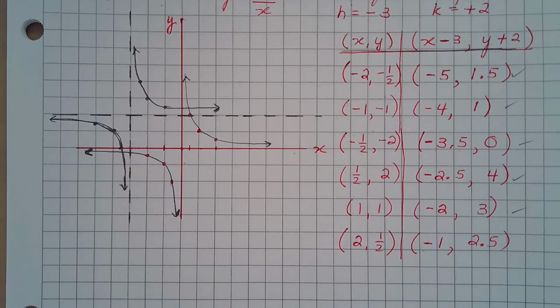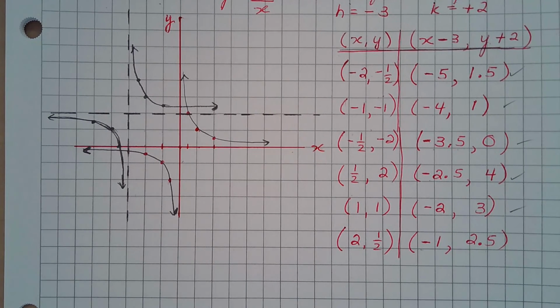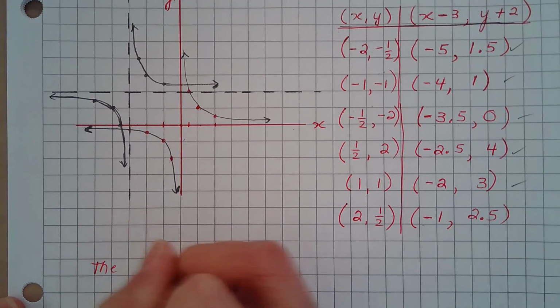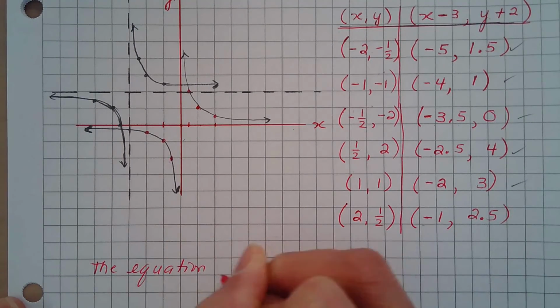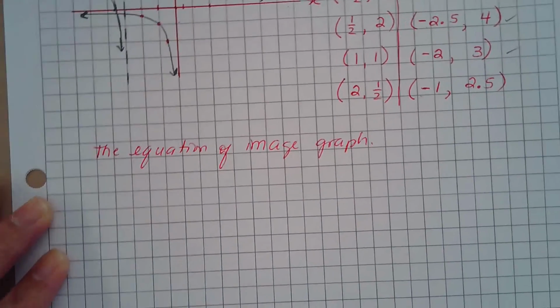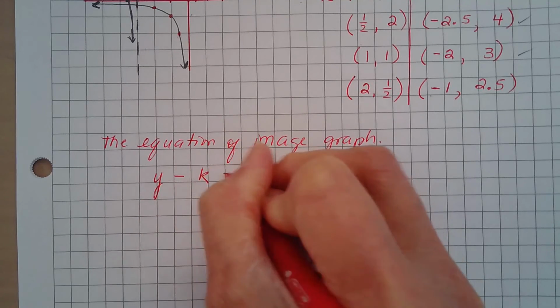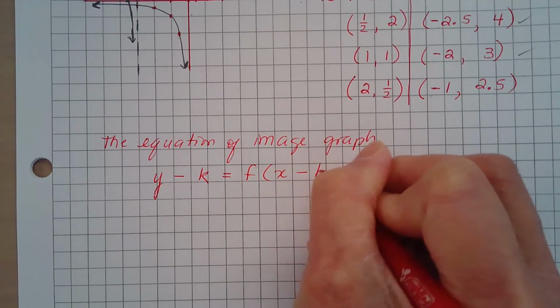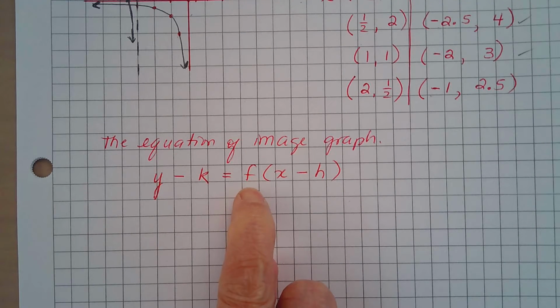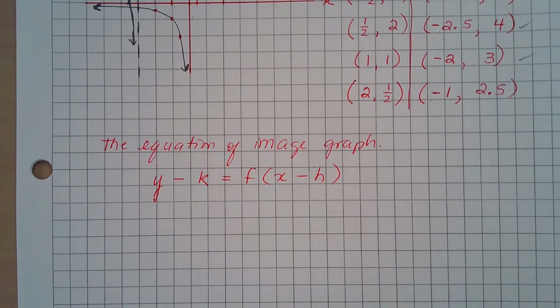So, having said this, the question is really saying, what is the equation of the image graph? So y minus k equals f of x minus h. Now we're going to drop the f in here, right? Because we are looking at a very specific function, y equals 1 over x. What did we say?